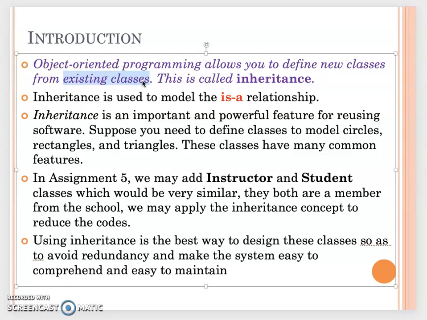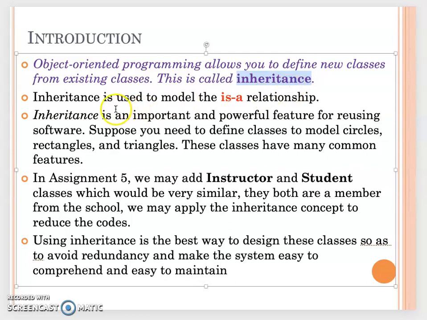Then when we want to develop a new class, we find a lot of things duplicated, but we also have some new things we want to cover in the new class. So instead of having duplicate code, we find that the existing class and the new class have a relationship. And that relationship is the inheritance relationship.